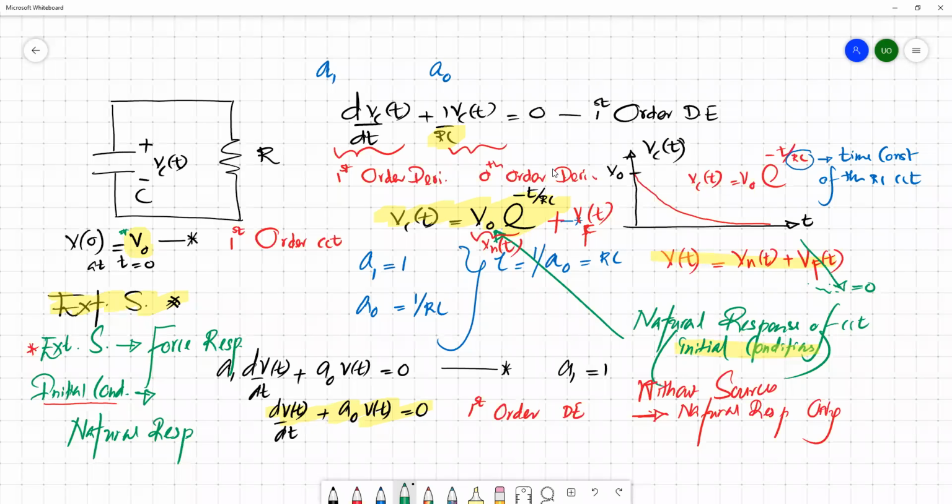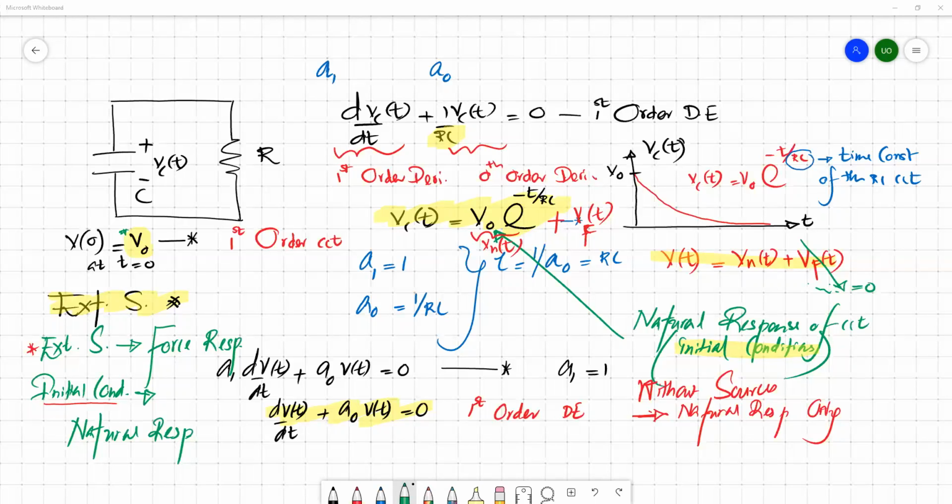The circuits we discuss now do not have external sources, so we can evaluate their natural responses. The natural response is the contribution coming from the initial conditions.